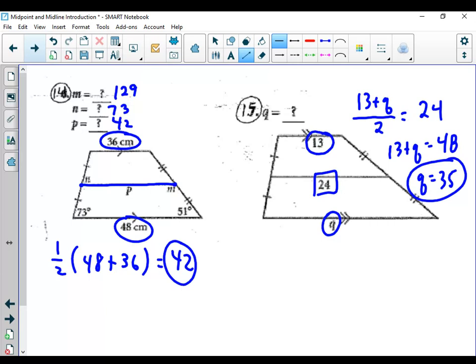All right, at the time we have left here, two things that I'm going to have you focus on. One is the book problems that I gave you yesterday. The second is now some practice with the mid-segments. So both of these will be due tomorrow.